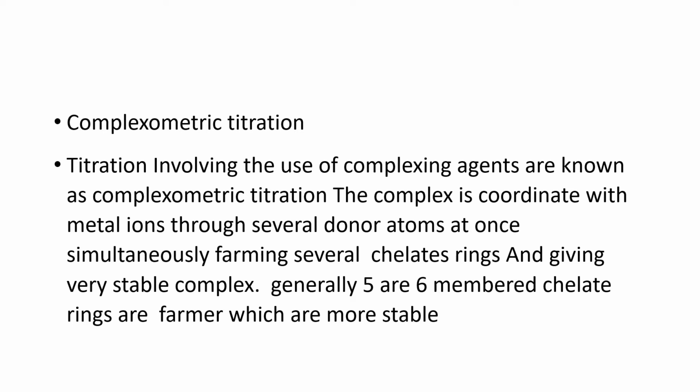The complexing agent coordinates with metal ions through several donor atoms at once, simultaneously forming several chelate rings and giving a very stable complex. Generally, five or six membered chelate rings are formed, which are more stable.